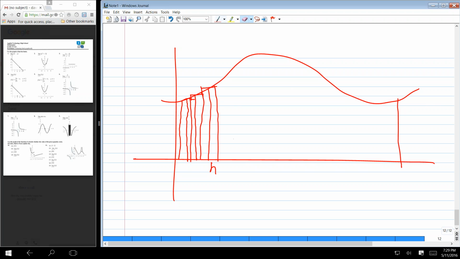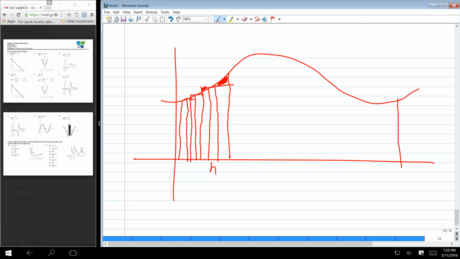The problem is that when you put rectangles like this, there are always these little areas that are not under the curve but are part of the rectangle. If I draw a rectangle like that, there's an area that is under the curve but not part of my rectangle. So the rectangles alone don't solve the problem. They approximate the area.